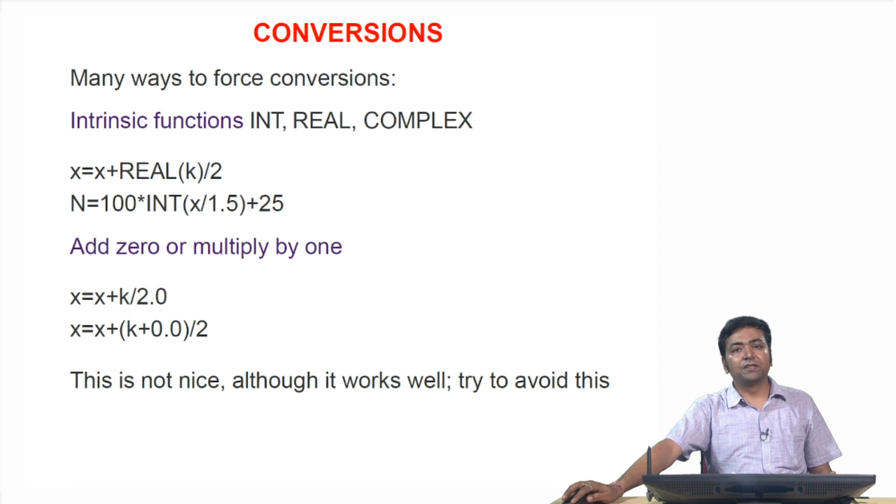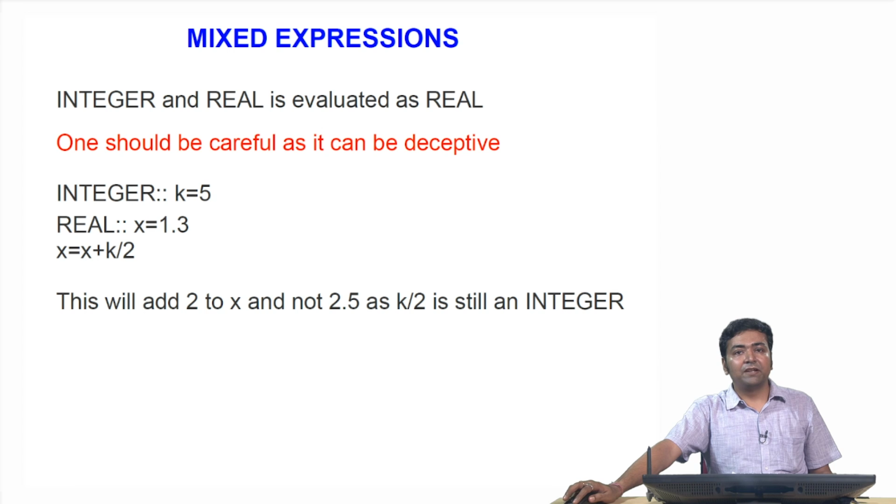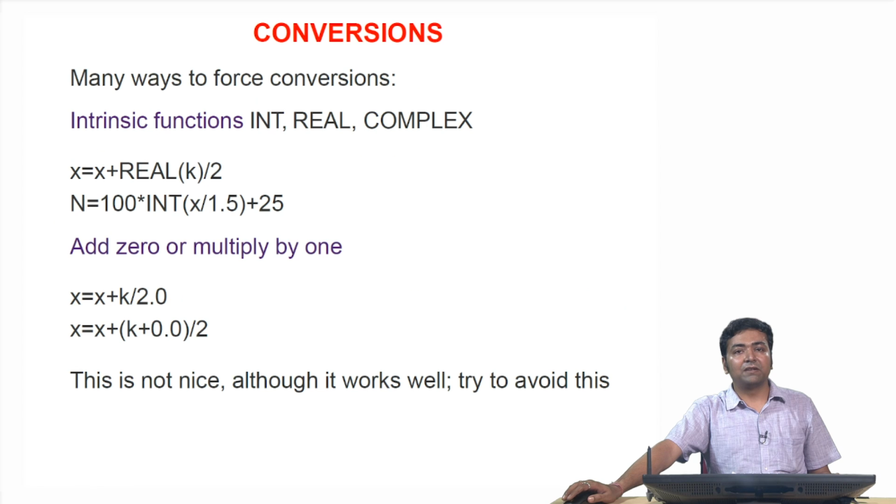Another way to do it is you can add 0 or multiply by 1. For example, in the previous slide, when I showed k by 2, both were integer numbers. Now, instead of k by 2, I write k by 2.0, then 2.0 is a real number, and when you do an operation consisting of an integer and a real number, you do a real operation.